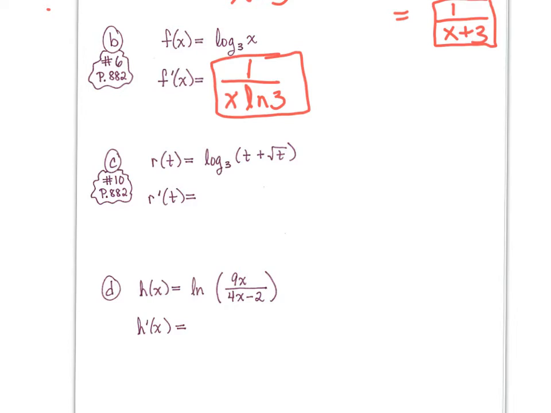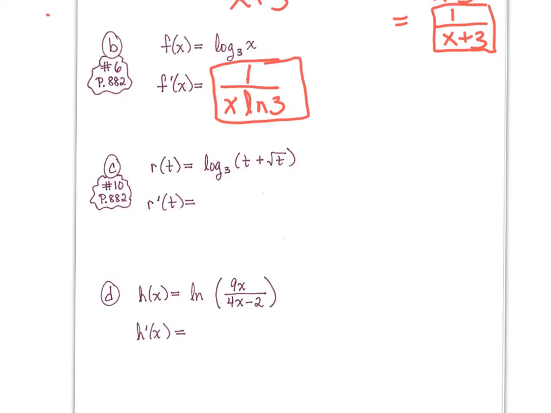We need to remember that the derivative with respect to x of log of u base b is equal to 1 over u natural log of b times the derivative of u with respect to x. That's what we're going to apply in part C.